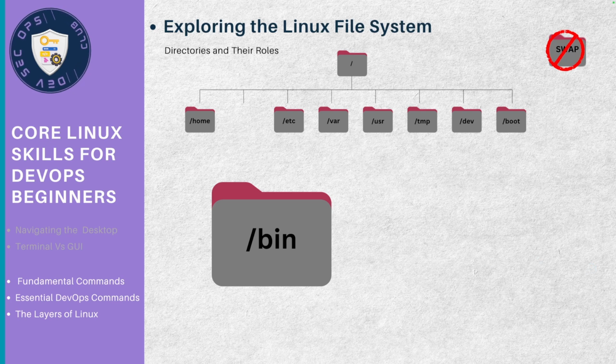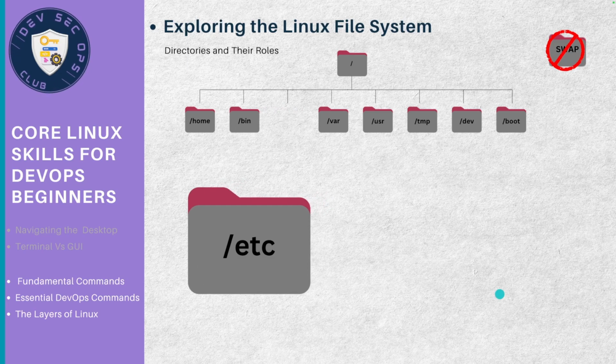I will show you an example in a bit. All the commands which we are going to execute, which are non-admin related, you can directly find inside this directory. And sometimes you may install some application or utilities, and these will go under this slash bin.